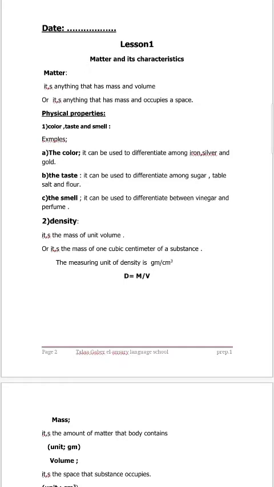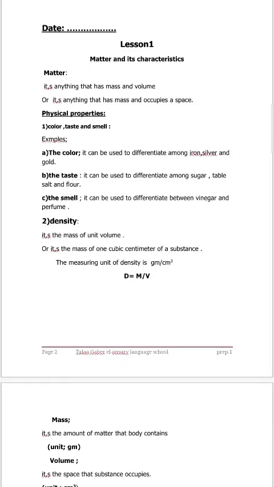Number 1 physical properties, it contains 7 properties. Number 1 in the properties: color, taste and smell. For example, when we differentiate between two matters in the color, it can be used to differentiate among iron, silver, and gold, and so on.